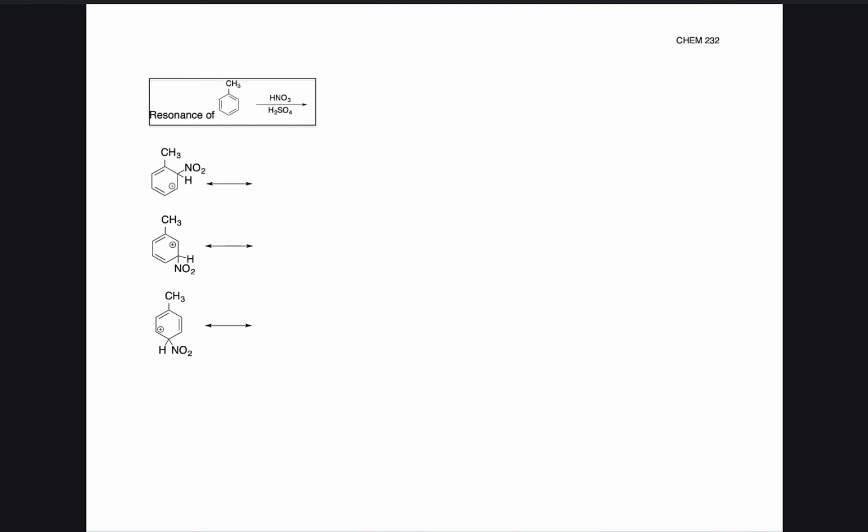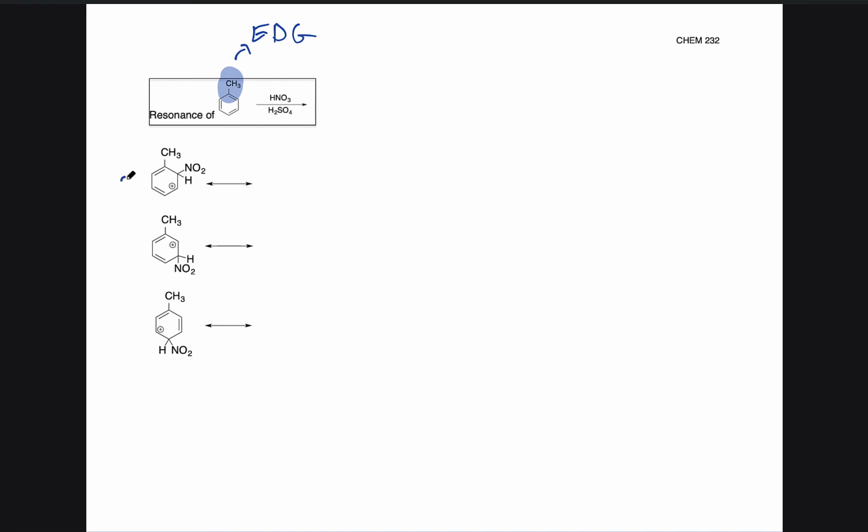Okay, so let's go ahead and take a look at this first example here with our electron donating group. So we can see here, electron donating. We're still doing these nitration reactions. And so we're going to look at the intermediates here for each of these, okay?